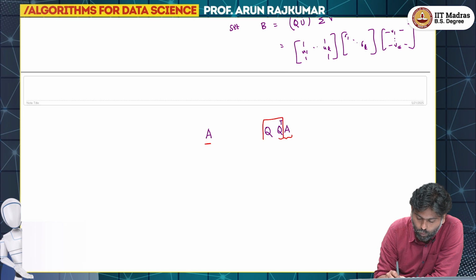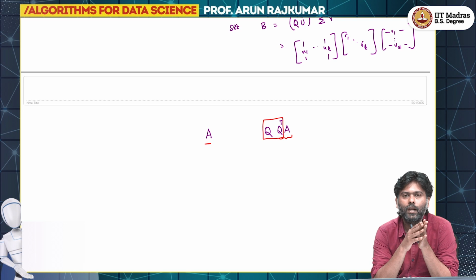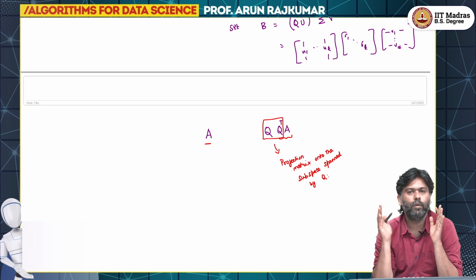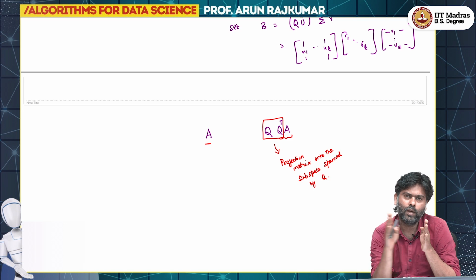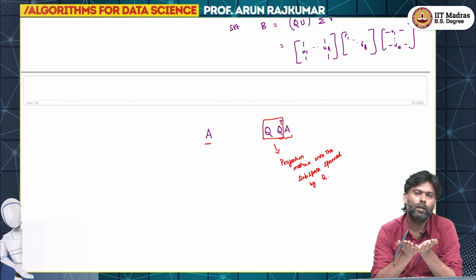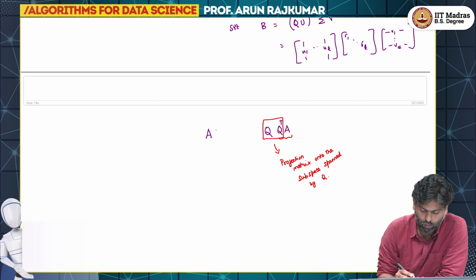So, now what is Q transpose? Well, because Q only has the top K singular vectors, this is just the projection matrix onto the subspace spanned by Q. All we are then doing is taking any column of A and projecting it onto the subspace spanned by the top K left singular vectors of A. Now, we are asking, what is this?